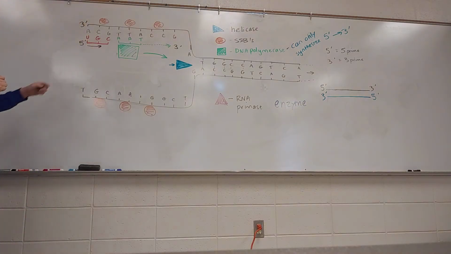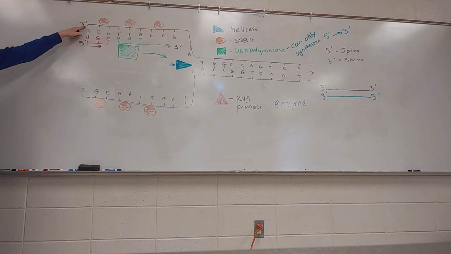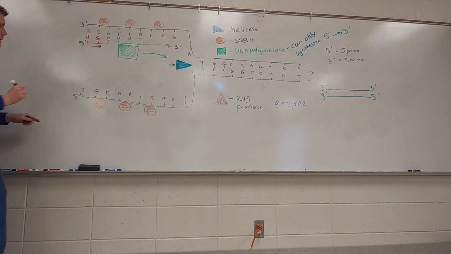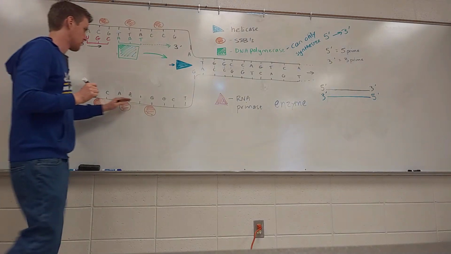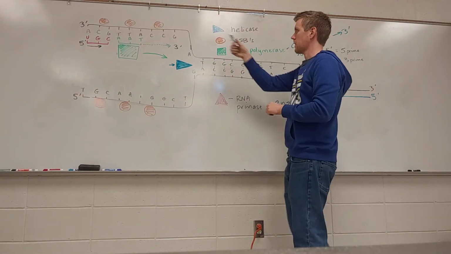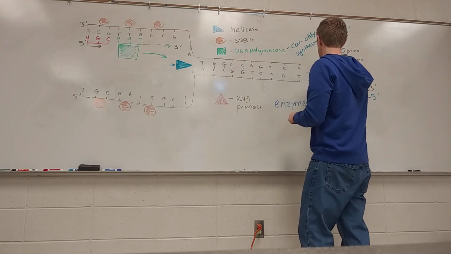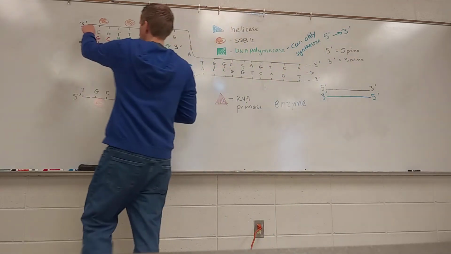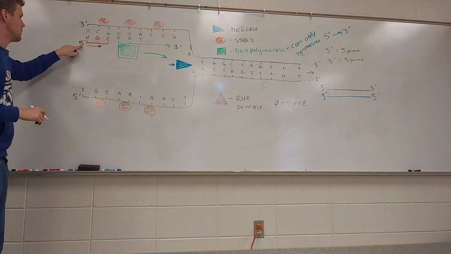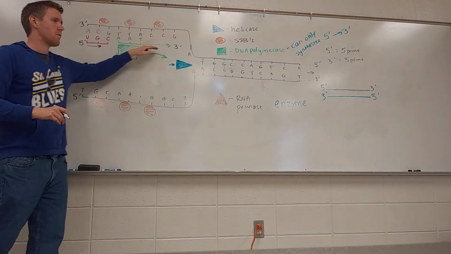That means this top part has to be 3. And down here, this would be the 5. So this bottom part runs from 5 towards the 3. The top part goes from the 3 towards the 5. Polymerase is building then the new strand that's going to go from 5' to 3'.